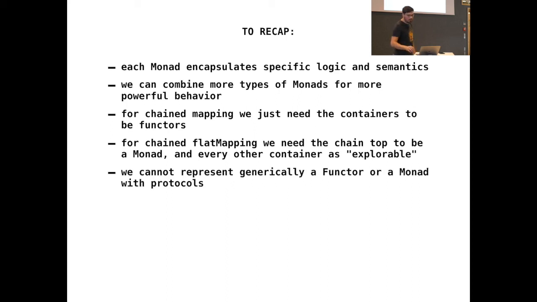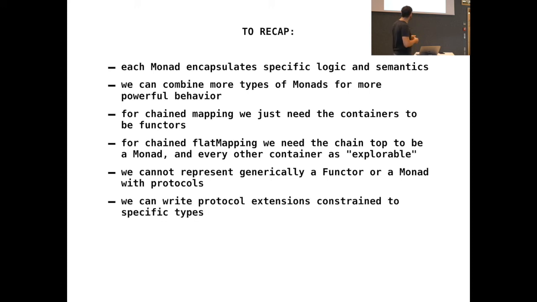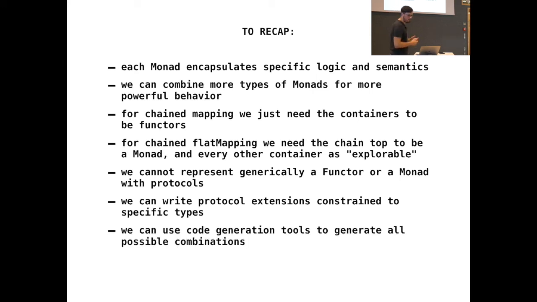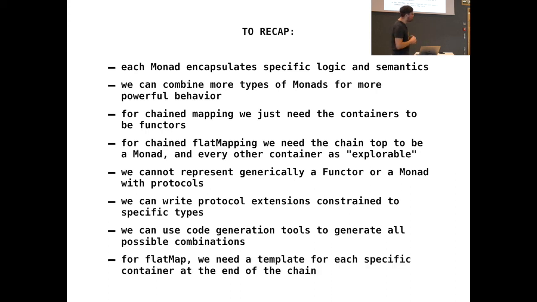Now, we cannot represent generically functor of monads, or monads, but we can write protocol extensions that are constrained to some specific type. And then we end up using code generation to generate all the code that has all the same structure. As I said, a template for each specific container at the end of the chain.